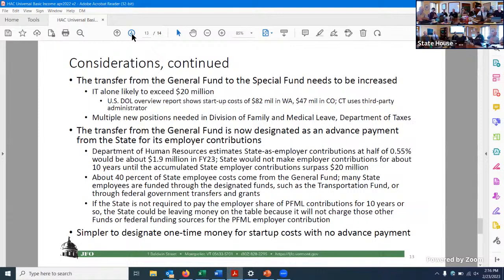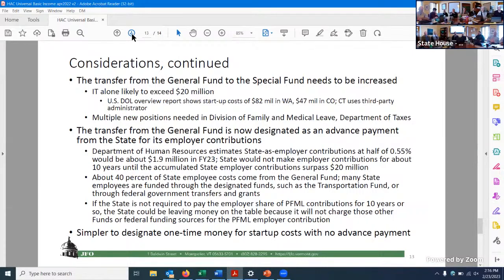And there are many employees within state government who are actually funded by federal grants or federal sources of revenue. For example, the economist at the Department of Labor has funding that comes from the federal government. It's sort of considered part of the UI trust fund, and that money comes back from the feds to pay for that salary.